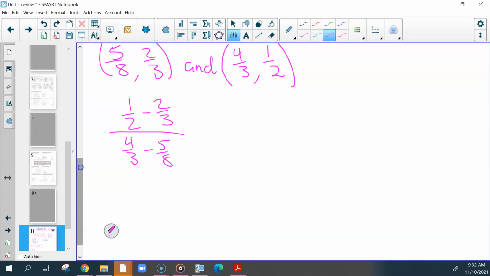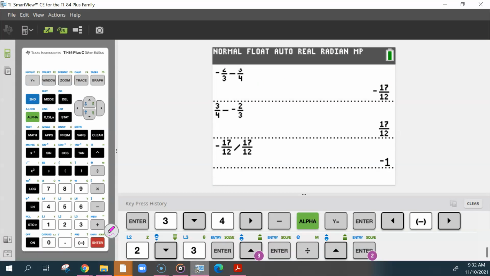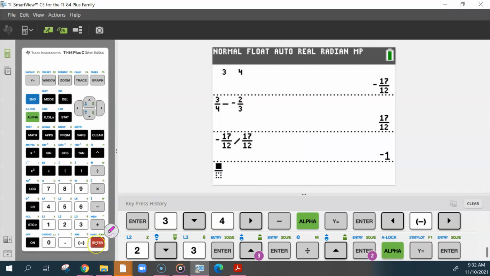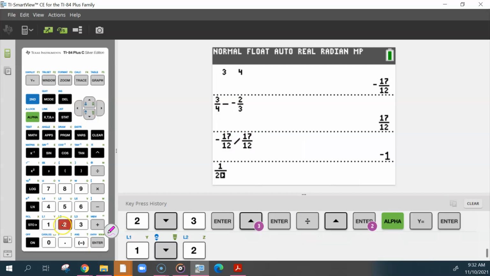I'm going to put all of this strictly in the calculator, just because my brain is slowly frying. You could definitely do this by hand and see if you get the same answer.